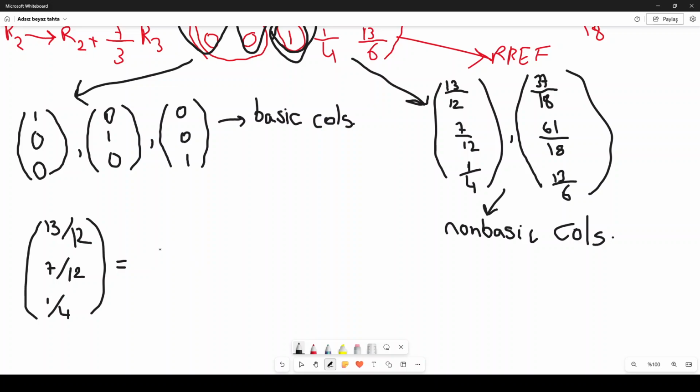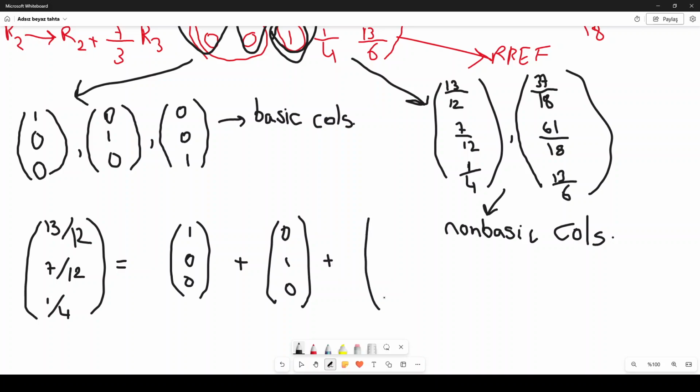If it is possible, then I will show it. Okay, how can I do this? In other words, I will use the first basic column plus the second basic column plus the third basic column, which is 0, 0, 1, from top to bottom.